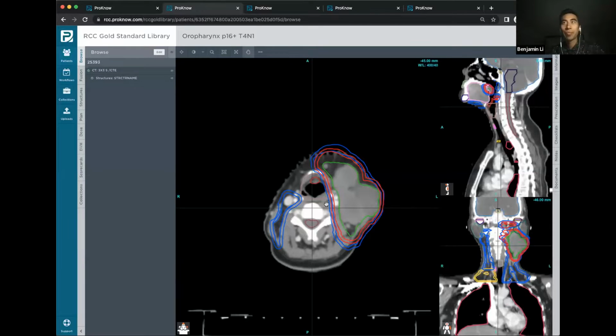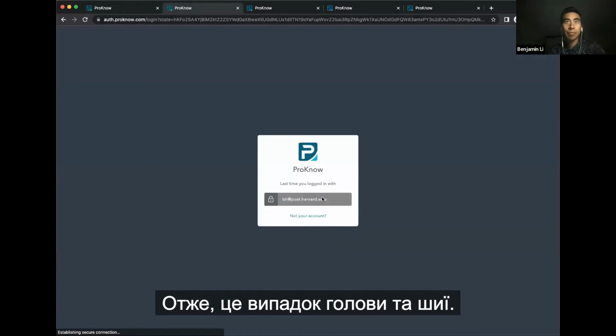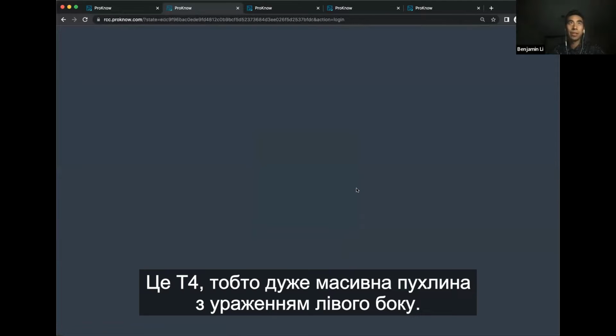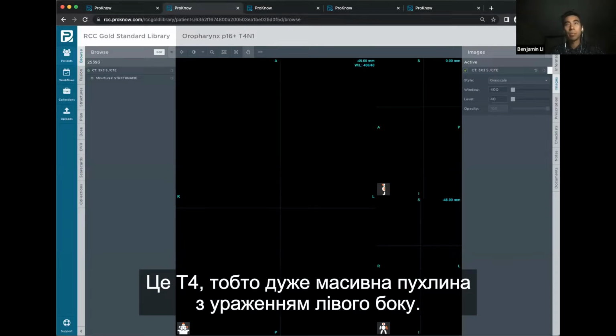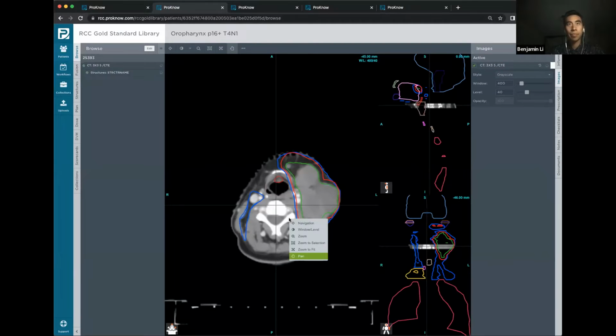Whoa, okay. So this is a head and neck case. It's a T4, so very massive tumor involving the left side.